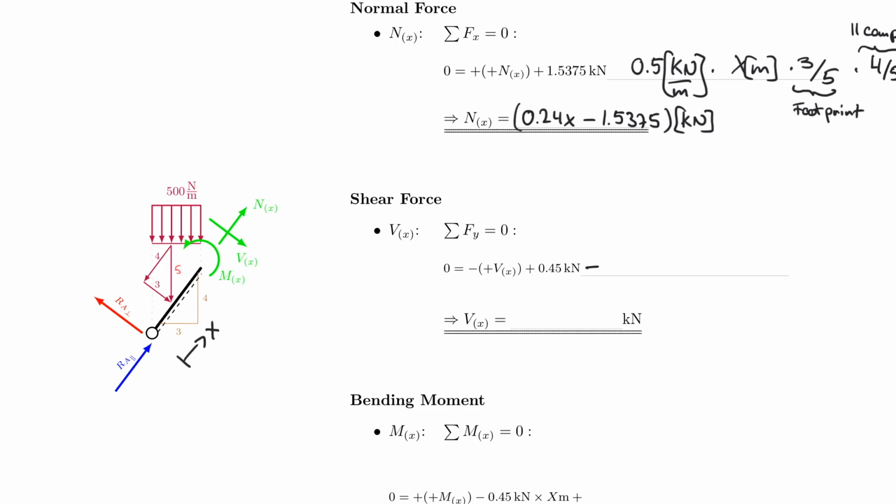And then I guess I can just start with the 0.5 kilonewton per meter. And I multiply that by x. But x, once again, is going along the axis of the beam. So I need to get the footprint, because the 500 is actually along the footprint. So times 3/5, once again, footprint.